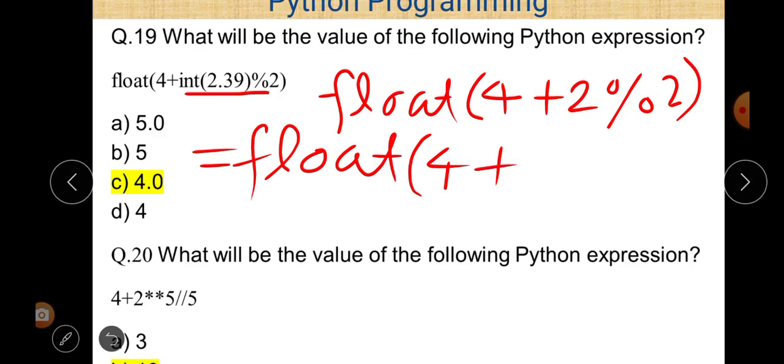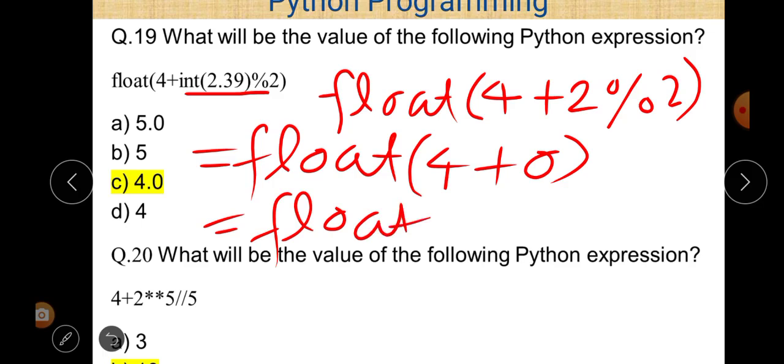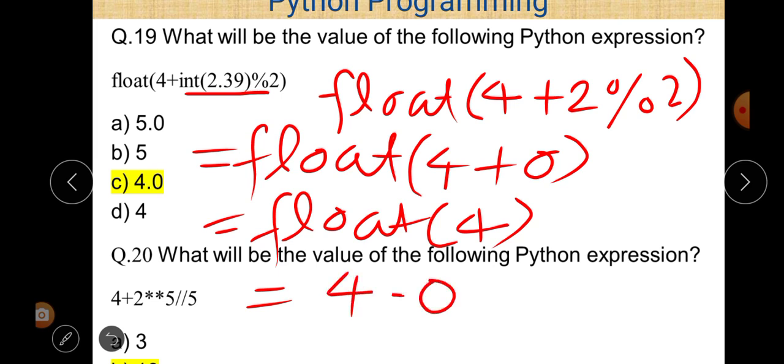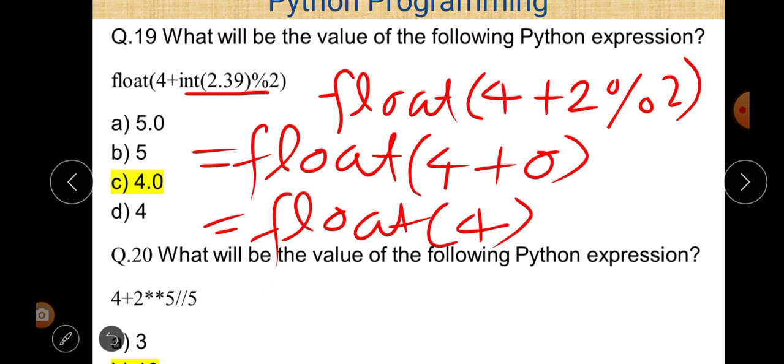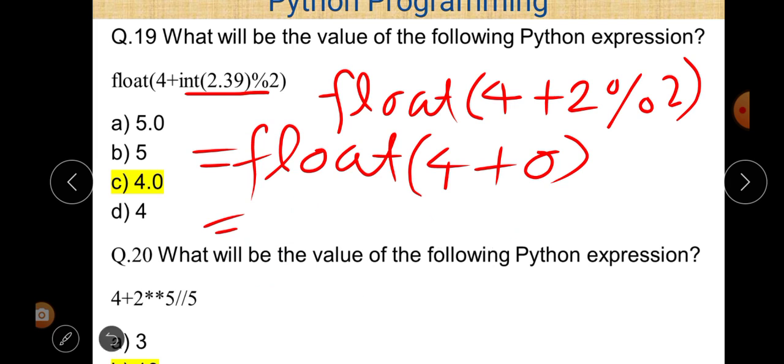So the expression is 4 plus 2 modulo division 2, which is equal to 0. Now the expression is converted to float 4, and when we convert 4, an integer value, into a float value, that is equal to 4.0. So 4.0 is the correct answer, which means option C is the correct answer.